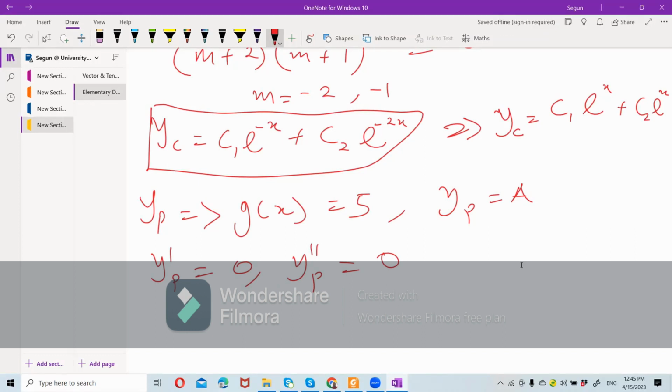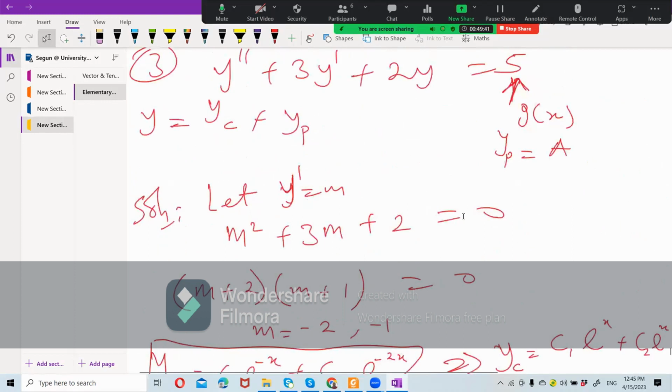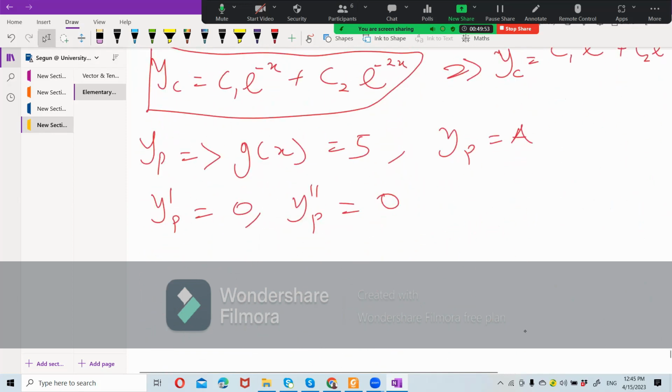Why are we differentiating it? Go back to your original equation. Remember, you have y prime prime plus 3y prime plus 2y equals 5. So we need to substitute this into equation 1.